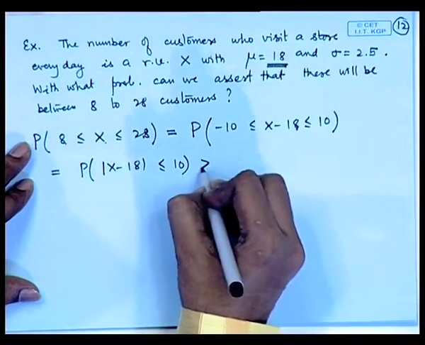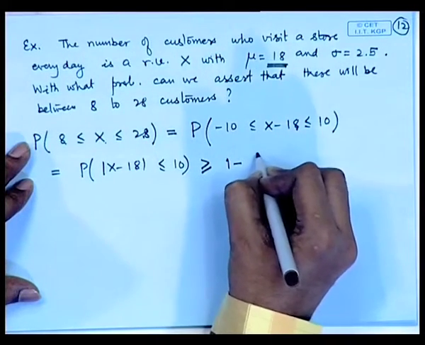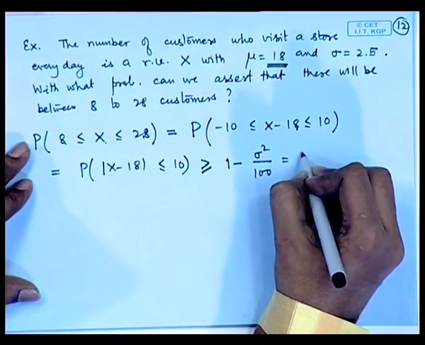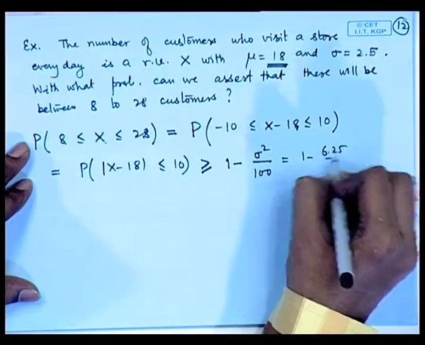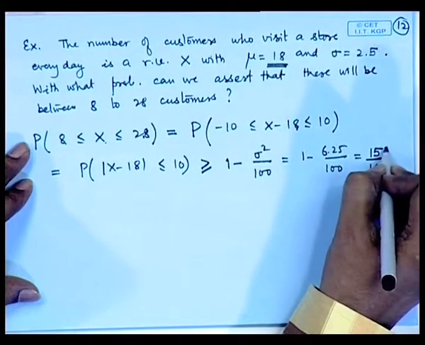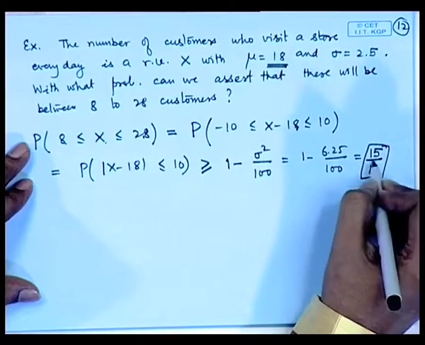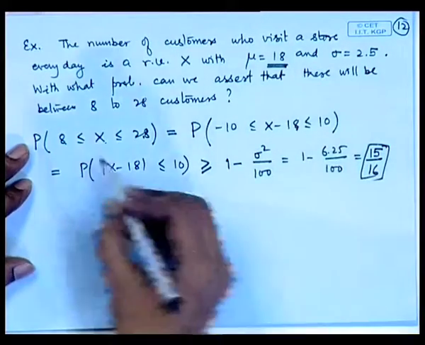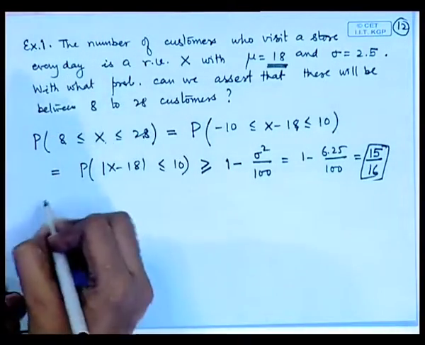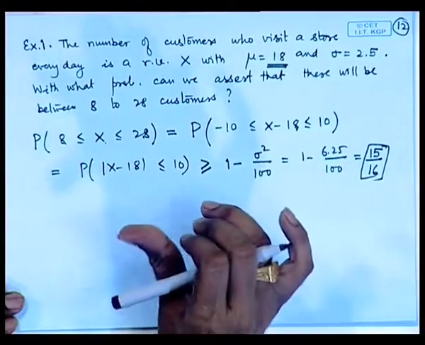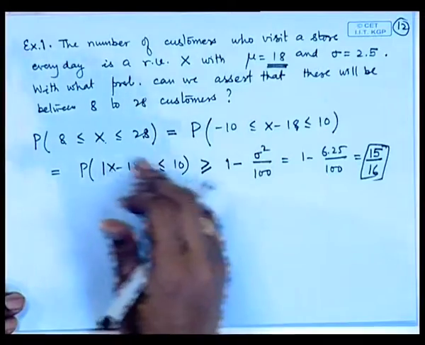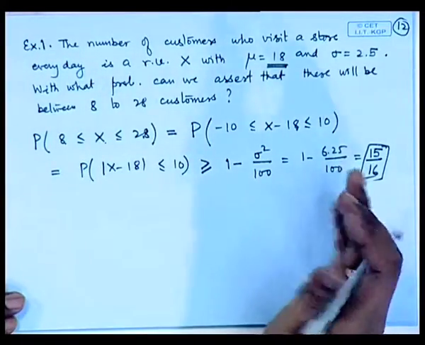So, by Chebyshev's inequality, it is greater than or equal to 1 minus sigma square by 100, that is equal to 1 minus 6.25 by 100 or 15 by 16. You can see that this is very high probability for this particular event to be true. So, although here we do not have full information about the probability distribution of the random variable, we can tell about certain probability.